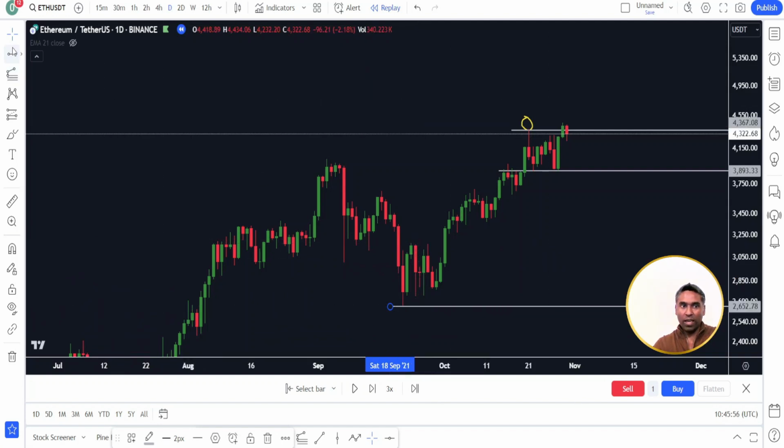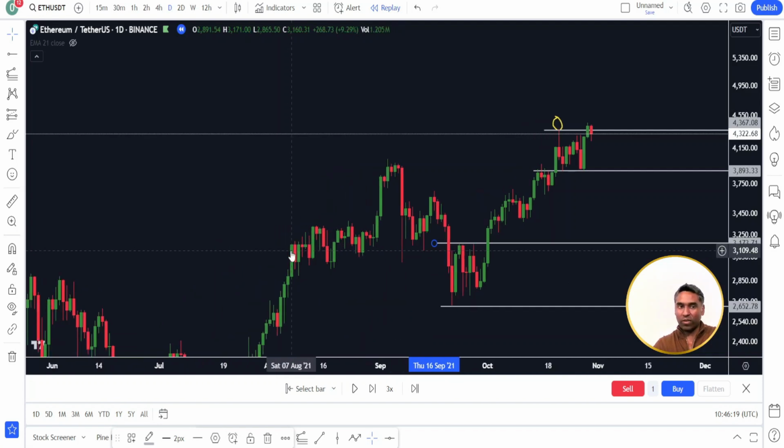Then I will go and draw a line here. So now I would work with this area. I would not look back and I would not look here. I would work with this area and I would see how the price behaves when it reaches this area. So this is how I draw my support and resistance.